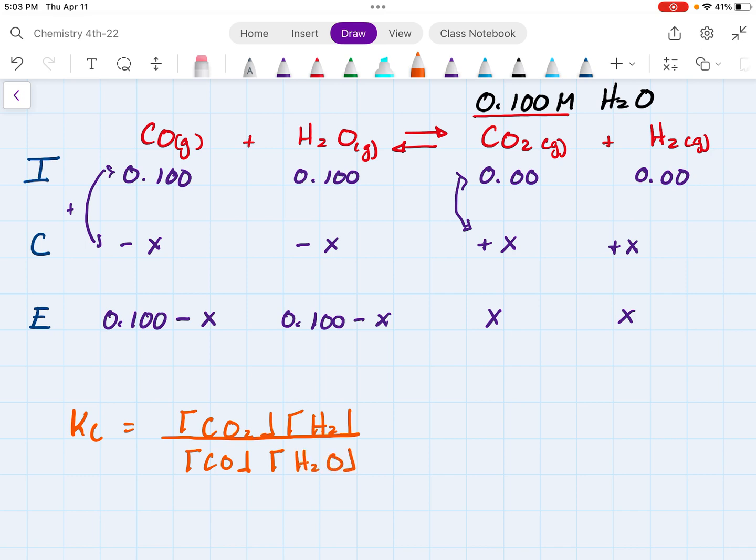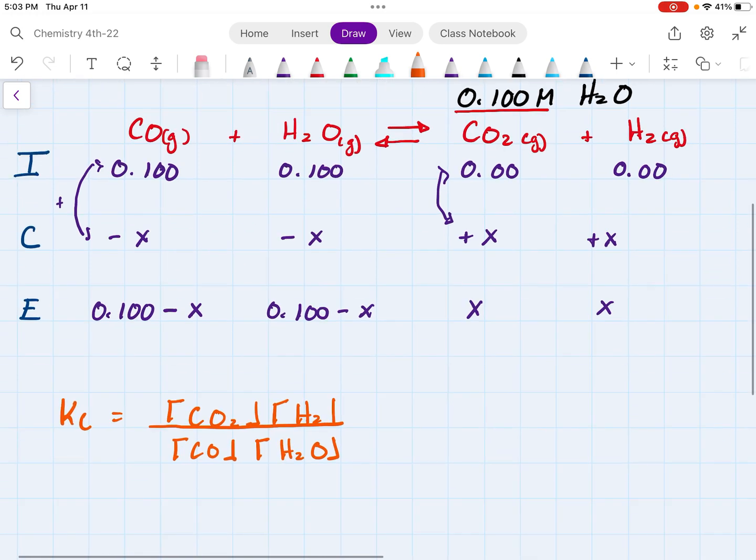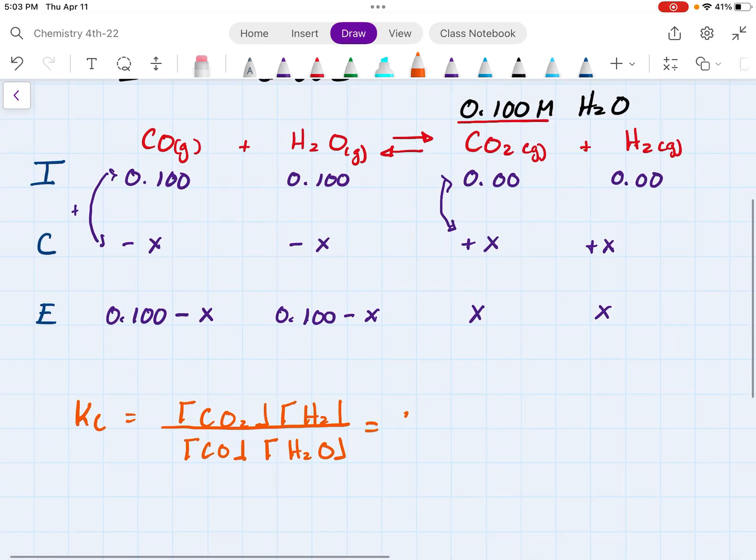Now, in the question, if you recall, we were given the value of Kc. So this mass action equation can be set equal to 4.06. So here we have our equation set up.